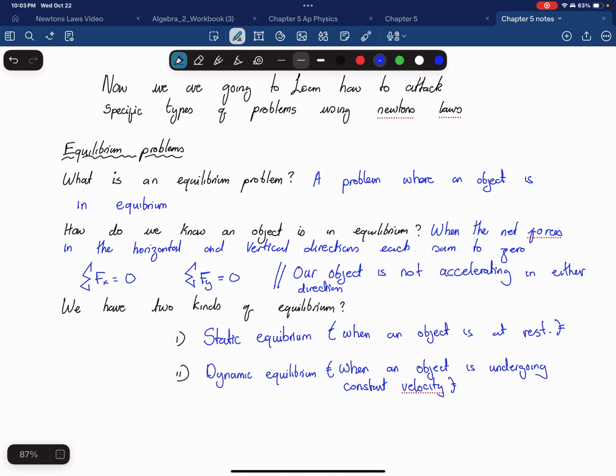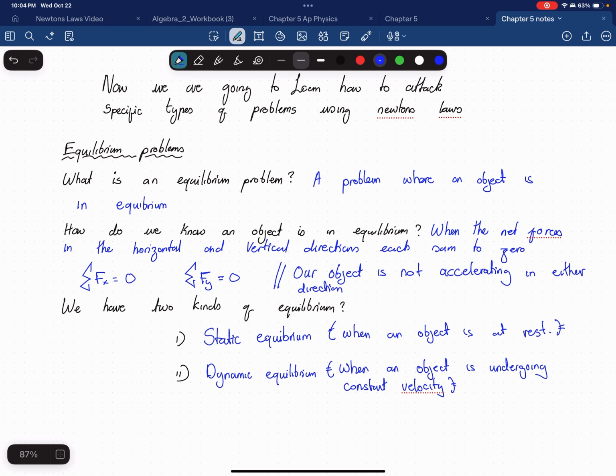I hope at least we can believe that from our kinematics studies. So these are the two kinds of equilibrium. When an object is at rest, we say it's in static equilibrium. When an object is moving at a constant velocity, we say it's in a dynamic equilibrium.